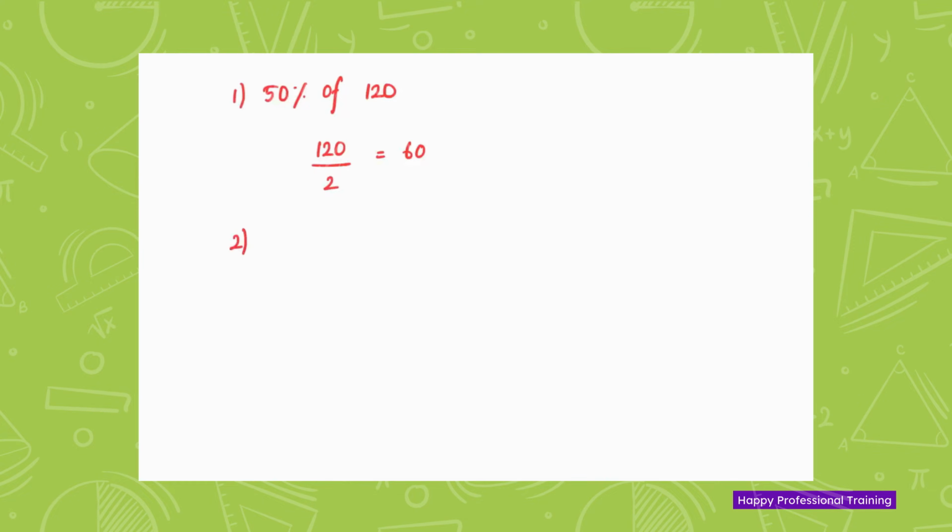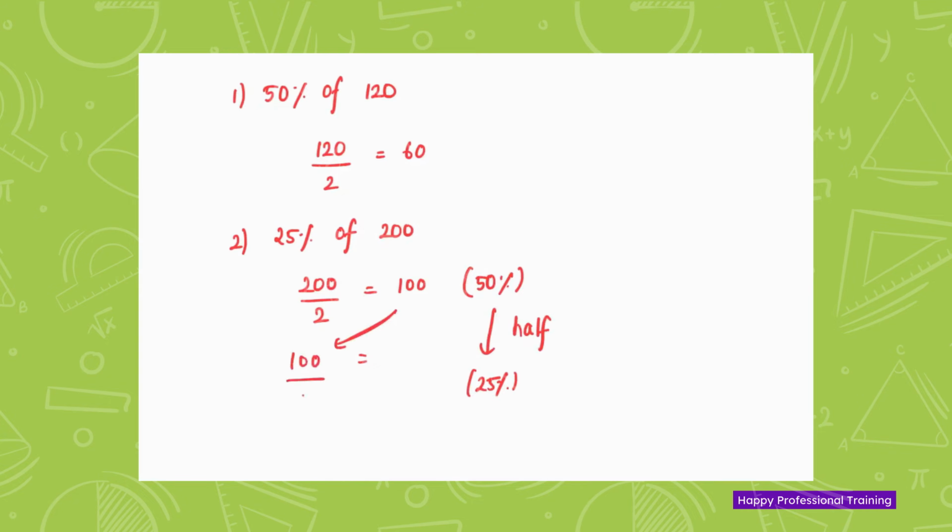Let's try 25% of 200. We now know it's easier to calculate 50%. So first calculate 50%. What is 50%? 200 by 2, which is equal to 100 here, which is 50%. Now, to calculate 25%, we know that half of 50% would be 25%, correct? So we just take the answer of 50% and divide it by 2, which is equal to 50 here.